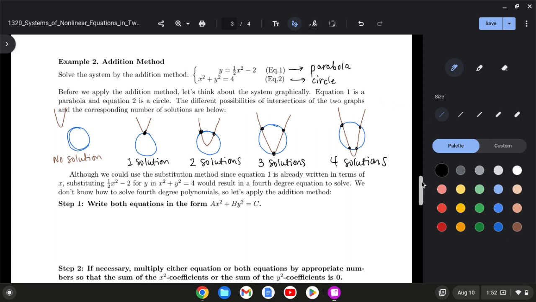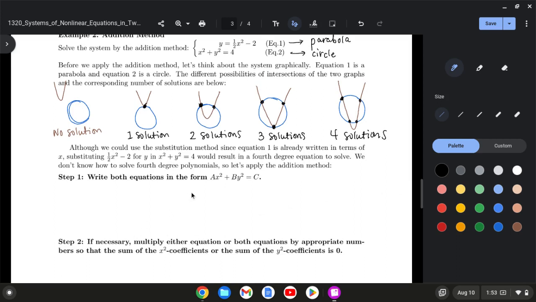All right, so the first thing is we need to check to make sure that both equations are in the standard form, ax squared plus by squared equals c. Our second equation is, so we will leave that as is. Our first equation is not.